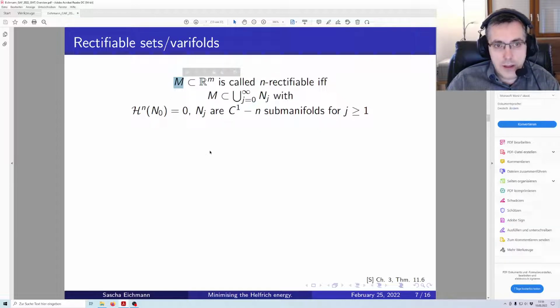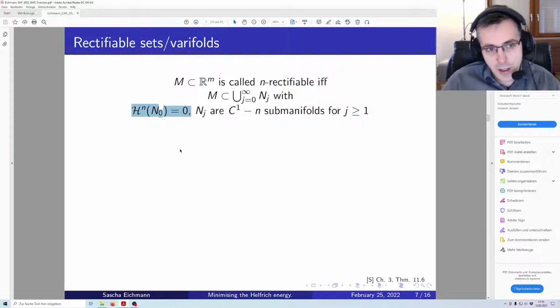You call a set M n-rectifiable if it is lying in a countable union of N_j's, for j bigger or equal to 1, these N_j's shall be C^1 submanifolds, and for j equal to 0, this should be a set of measure 0. So in this N_0, you can basically put all your singularities, your kinks, everything where strange things might happen, but it shouldn't become too strange. The dimension should not be too big for this.